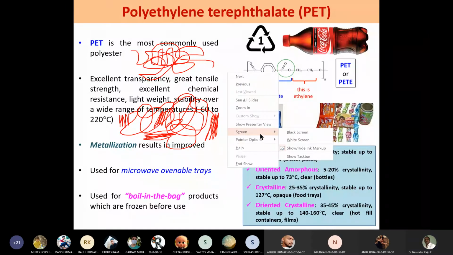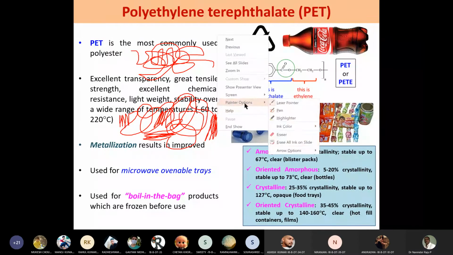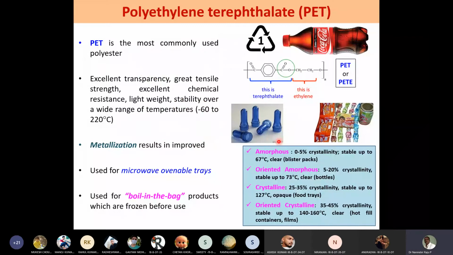Number two, if you look at the other properties of polyethylene terephthalate, it has excellent transparency.